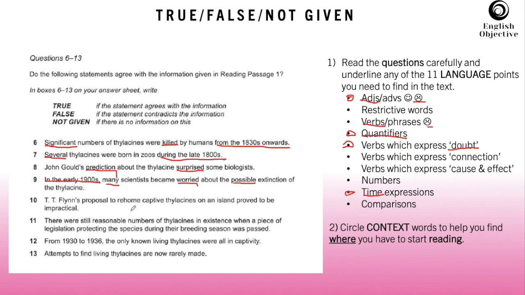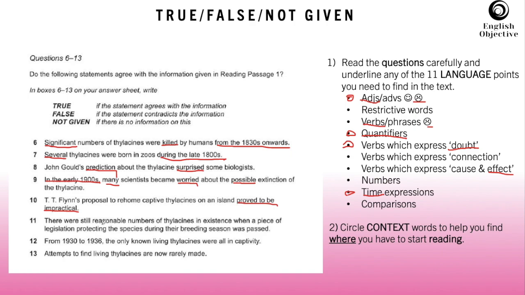Proposal to rehome captive thylacines on an island proved to be impractical. So impractical is a negative connotation adjective. Proved to be is a verb with cause and effect, the effect being that the result of the proposal was impractical. Cause and effect.